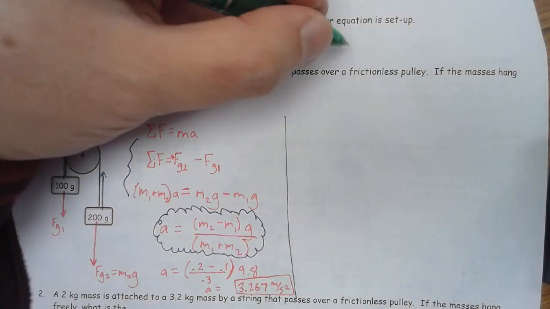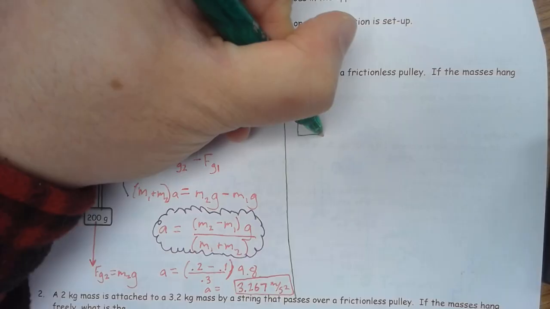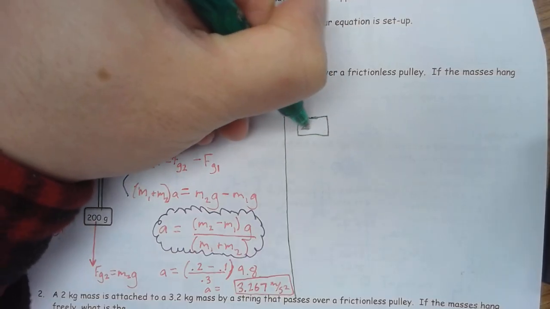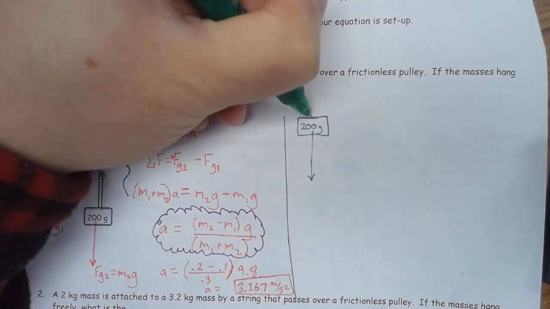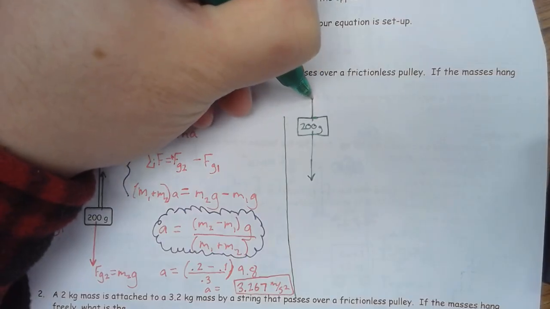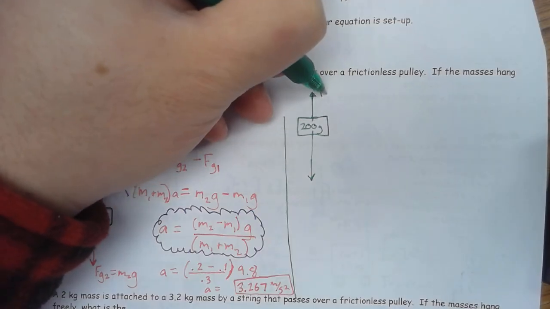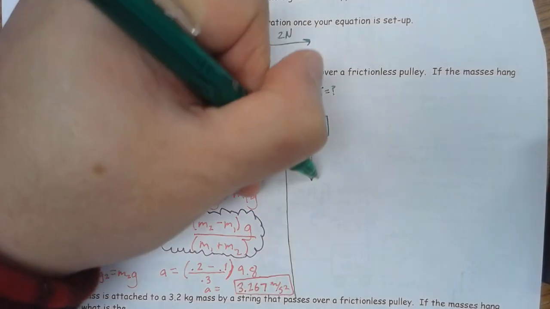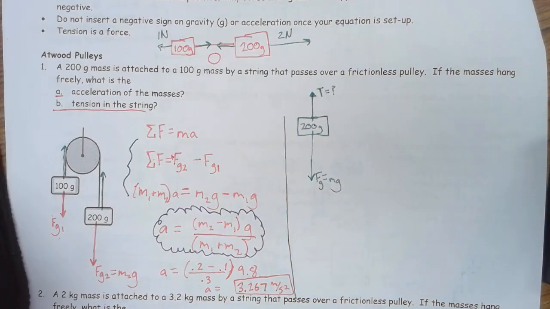The right-hand side? Sure. So the right-hand side has a mass of 200 grams, and it moves generally down, and there is an upwards tension that we need to find. T equals question mark. This one is Fg equals mg.